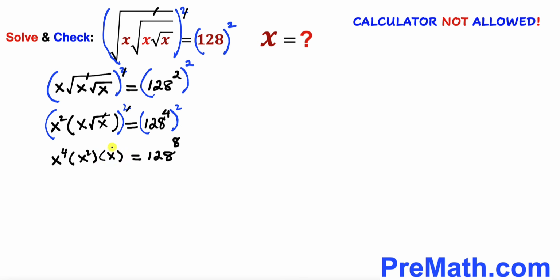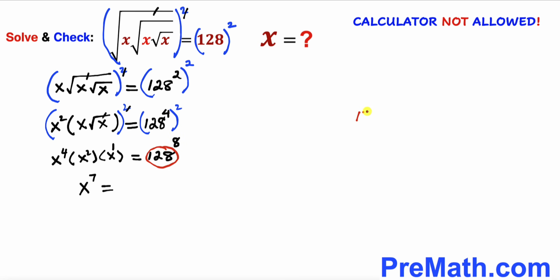Let's focus on this last part: its exponent is 1 by default. When we multiply all these together, we add their exponents. So we end up with x power 7 equals 128 power 8.